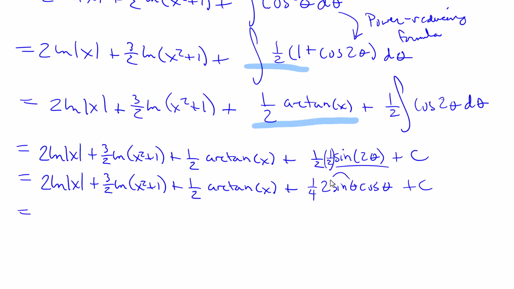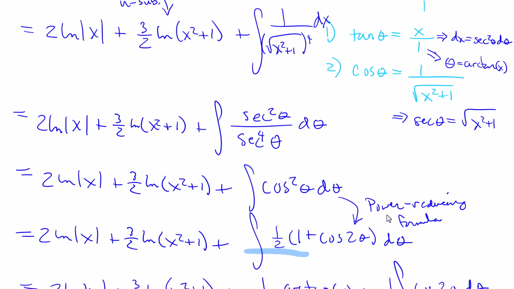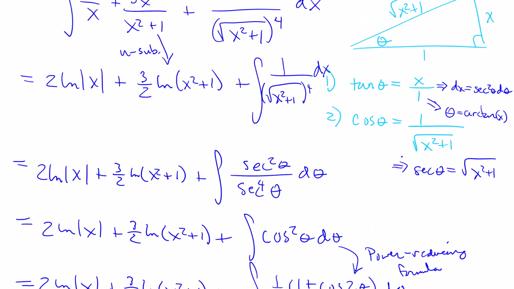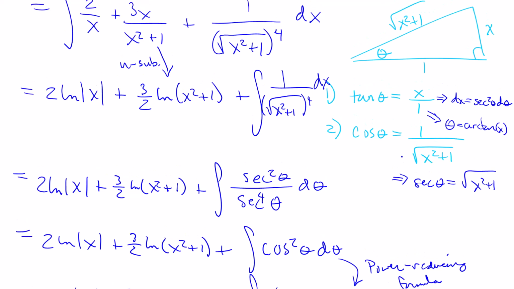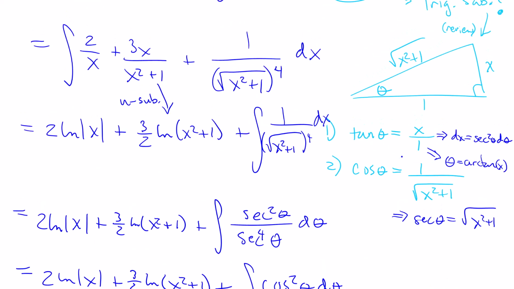Notice we're going to have to replace sine theta and cosine theta, each with their equivalents from this trig sub. And we have them. If you go up and look at our model, we already know that cosine theta is equal to 1 over the square root of x squared plus 1, so we should be able to replace that with no problem. We didn't have sine theta computed, but we should be able to get it just by looking at the triangle, right?